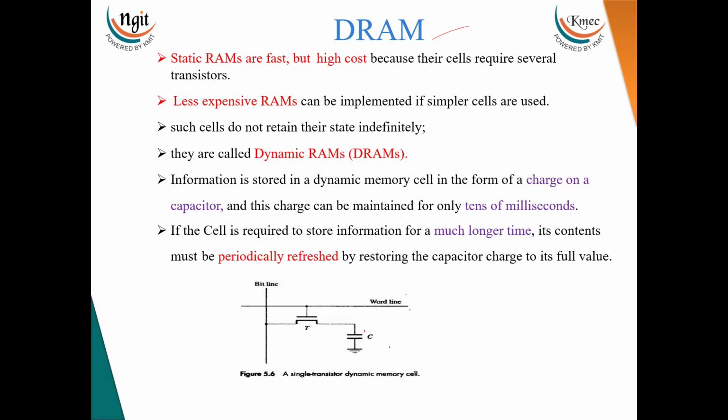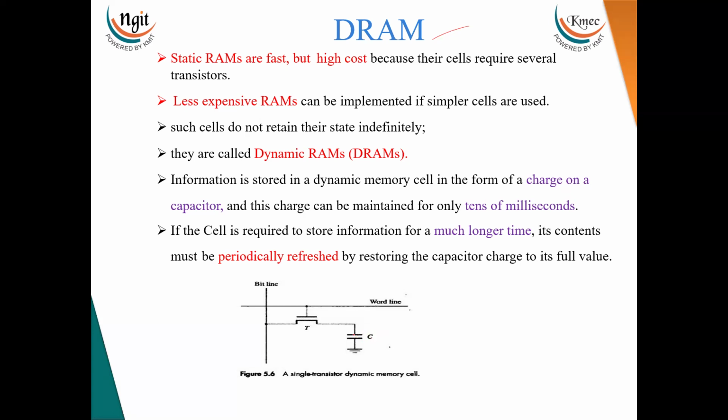Here the information is stored in the form of charge across the capacitor. Because the capacitor has some internal resistance, it will always try to discharge, and because of that it can't hold the information for a longer time.